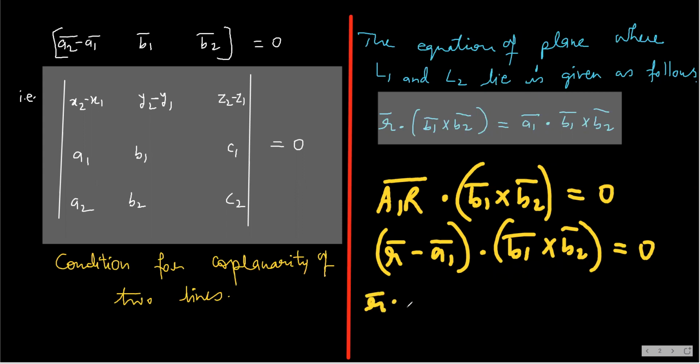So you get R bar dot B1 bar cross B2 bar minus A1 bar dot B1 bar cross B2 bar equal to 0, that is R bar dot B1 bar cross B2 bar equals A1 bar dot B1 bar cross B2 bar.